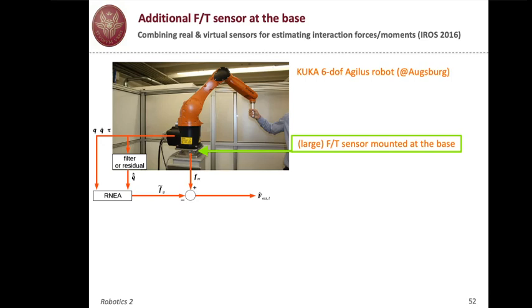Now, force-torque sensors of moderate size are typically mounted on the last flange, on the wrist of the robot. And in fact, they can measure whatever contact occurs beyond the sensor, so at the level of the gripper or tool and at the contact with the environment occurring there.